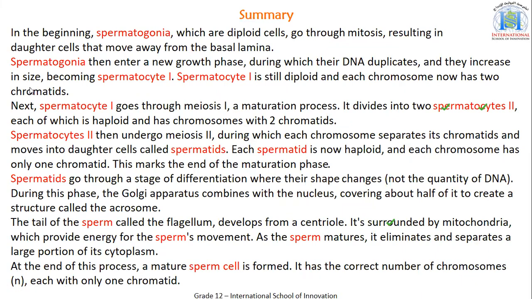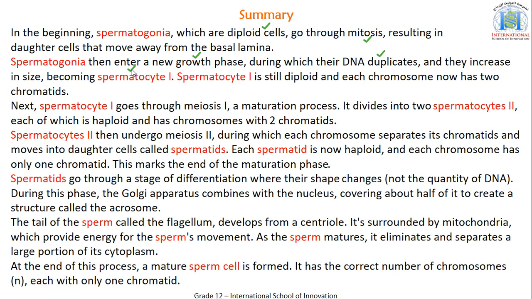As a summary, how does spermatogenesis happen? First, we have a spermatogonia. Spermatogonia is a diploid cell. It goes through mitosis, so the number of spermatogonia increases. Spermatogonia then grow, the DNA is duplicated, and spermatogonium becomes a spermatocyte 1.